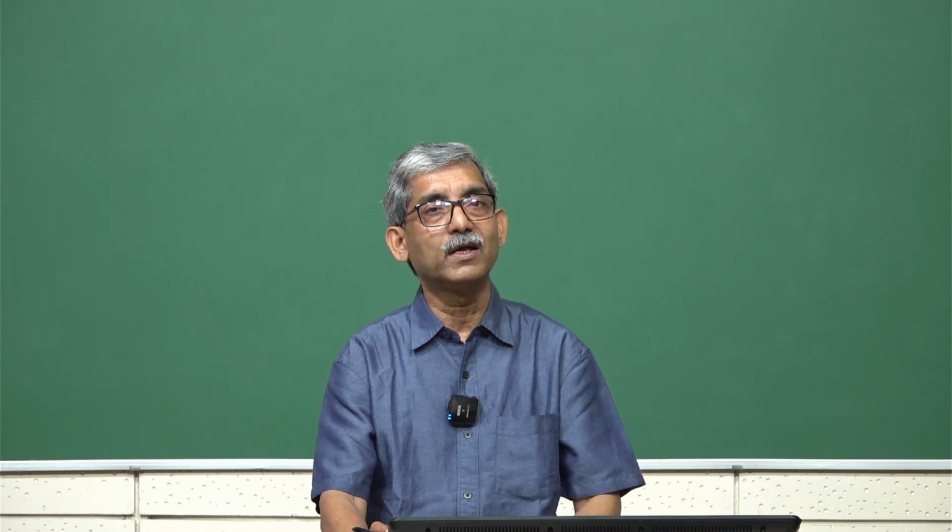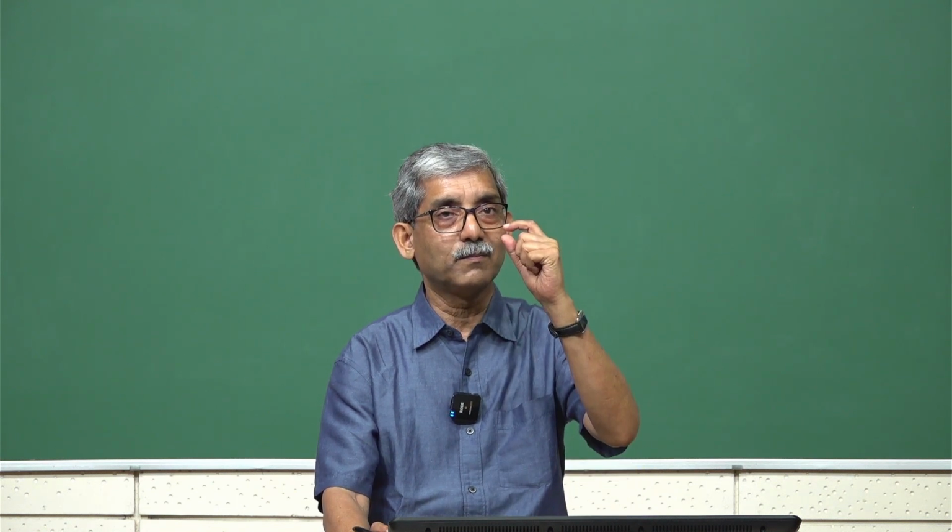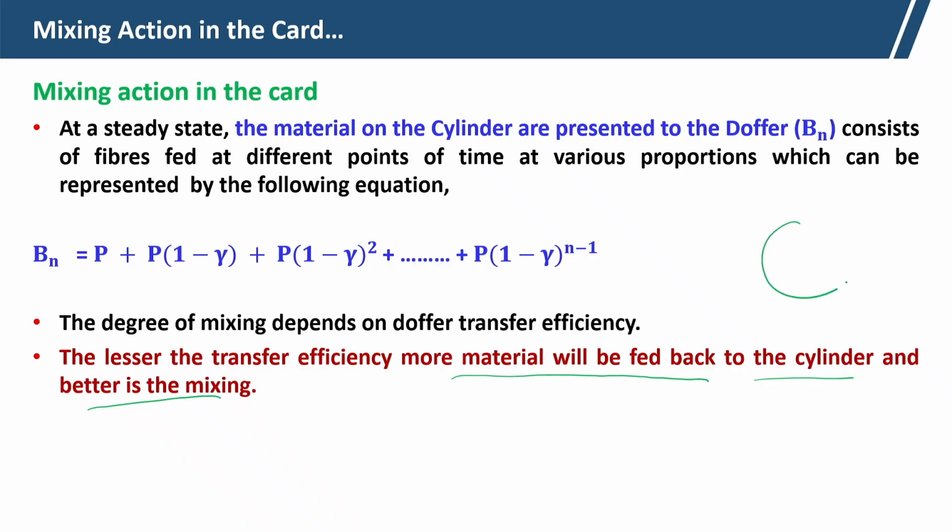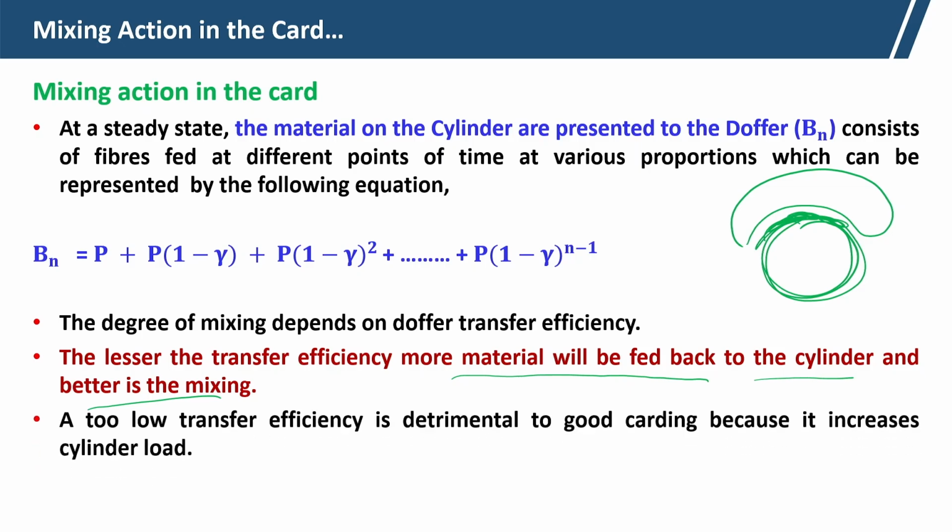Higher cylinder loading means a thicker layer between the cylinder and the flat. There will be a thicker layer of fiber around the cylinder, and that will affect the carding performance. So, too low transfer efficiency is also detrimental to good carding because it increases the cylinder load.